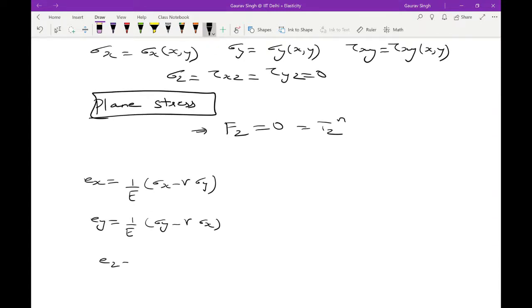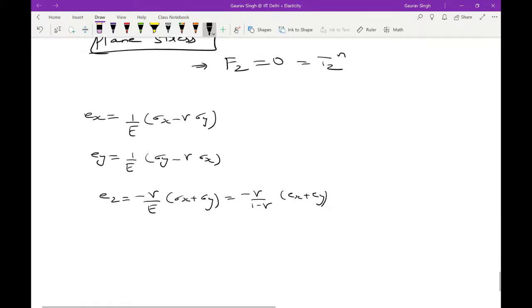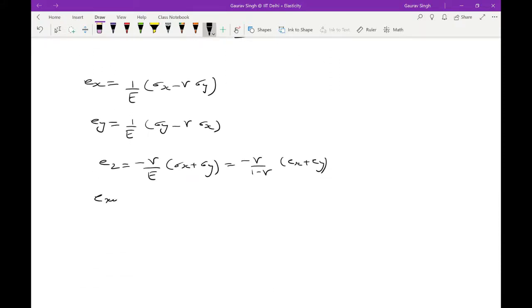Ez is equal to minus nu by E into sigma x plus sigma y, equal to minus nu by 1 minus nu into Ex plus Ey, and then Exy is equal to 1 plus nu by E tau xy, and Exz and Eyz are equal to 0.